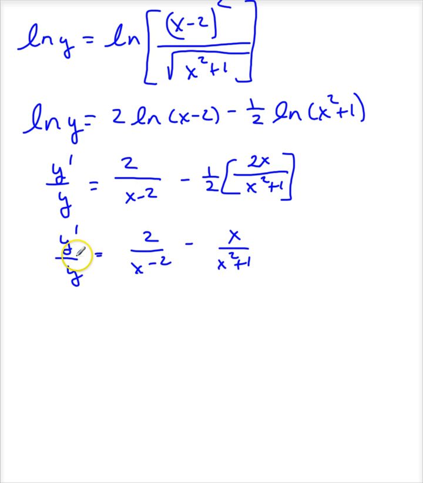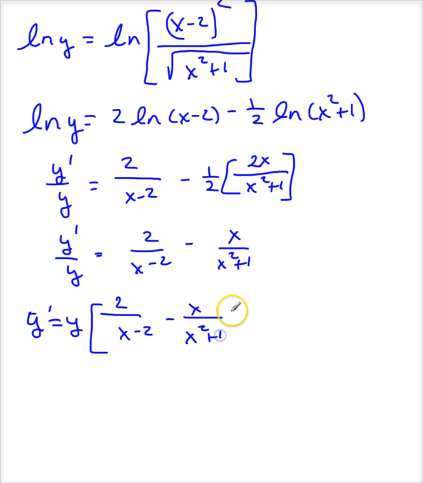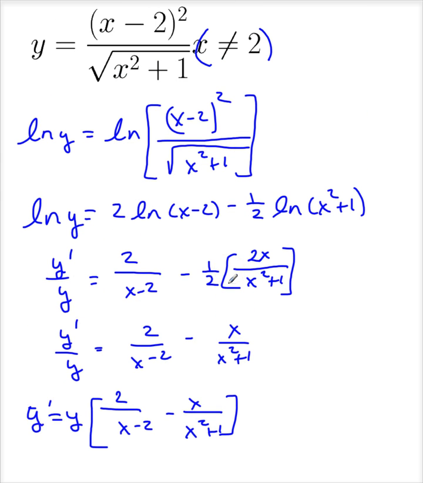But I'm not done because I'm looking for y prime, which means I have to go back and substitute back in what y is. So I'm just going to multiply by y here. But now I need to go back up and see, what was y?